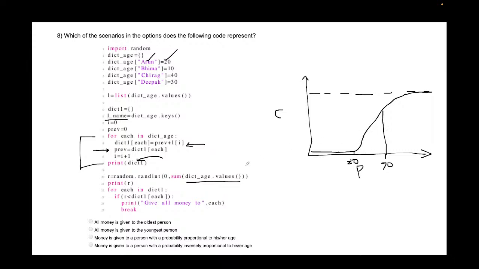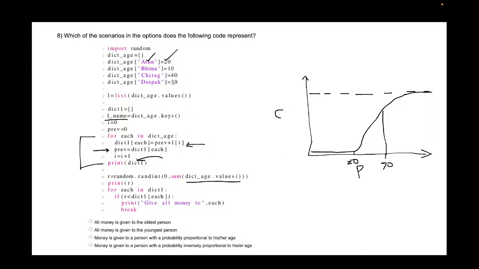So that probability can be compared with this kind of curve. The older this person, the higher his cumulative age, and the more probable it is that a random number picked between 0 and the sum of all the ages is lesser than that.